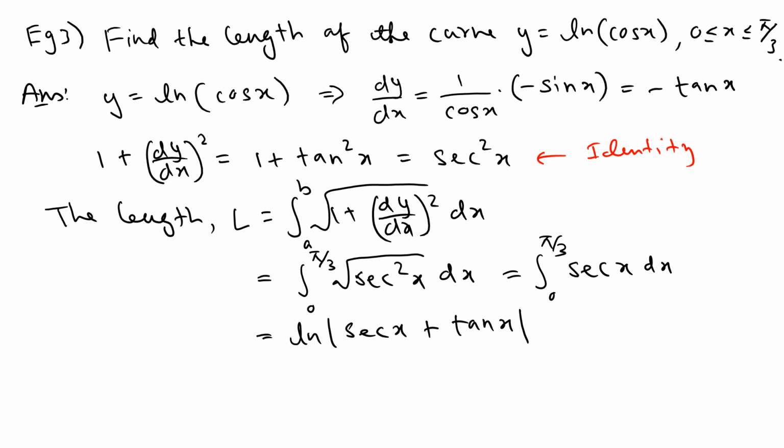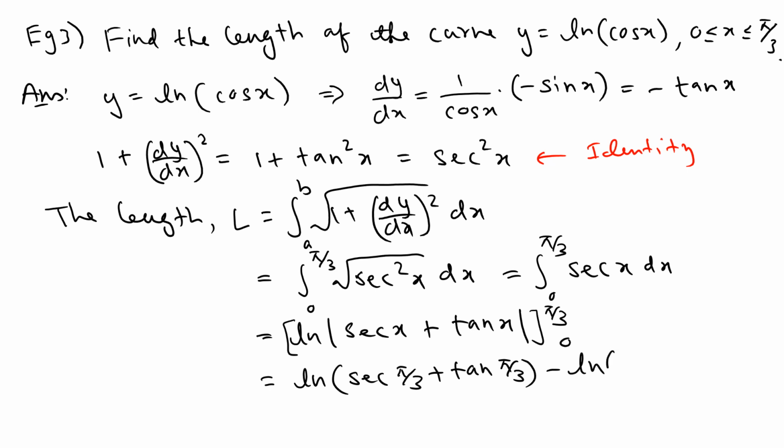This is evaluated from 0 to pi over 3. So let's plug in the values. If we plug in pi over 3, we get natural log of secant pi over 3 plus tan pi over 3, minus natural log of secant 0 plus tan 0.